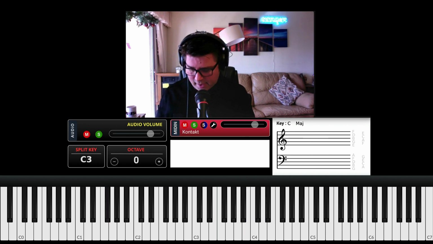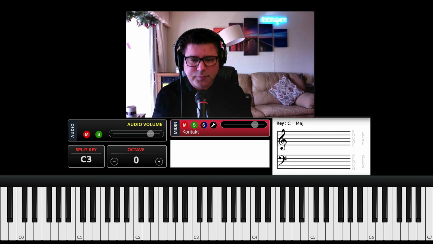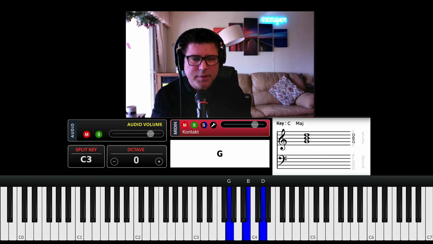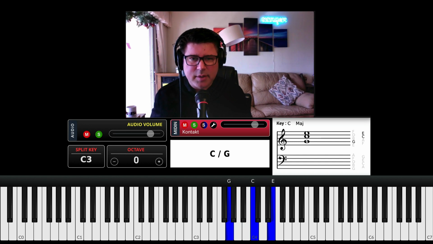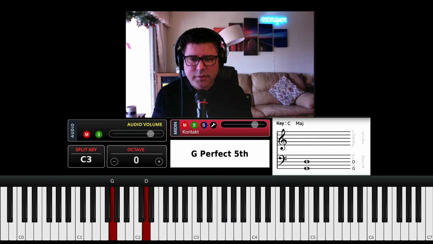Then we have our 5, G. There's our G chord, G root position to our C second inversion. And then the left hand, your G fifth, G6, back and forth.